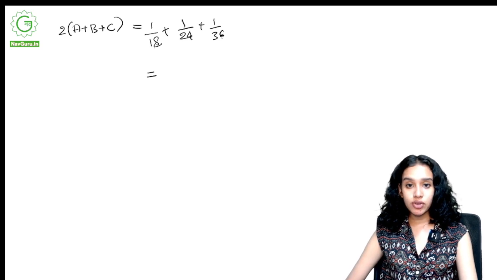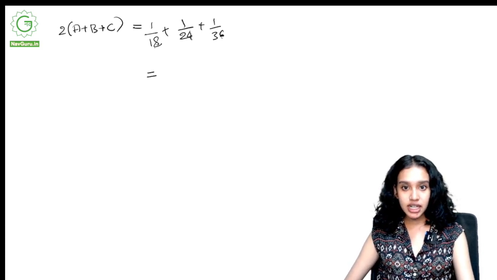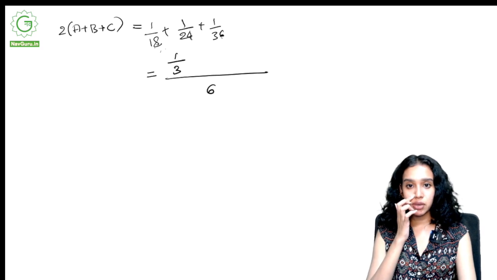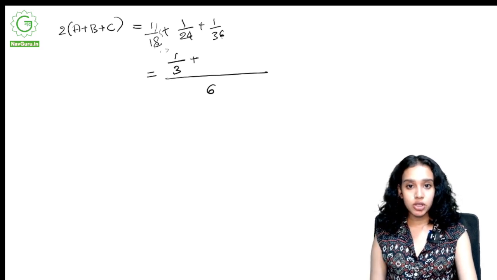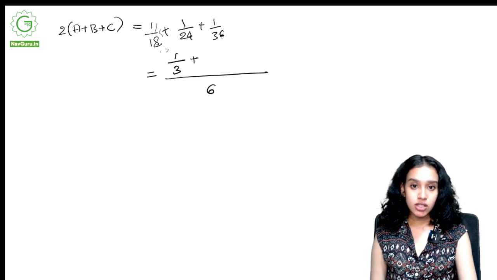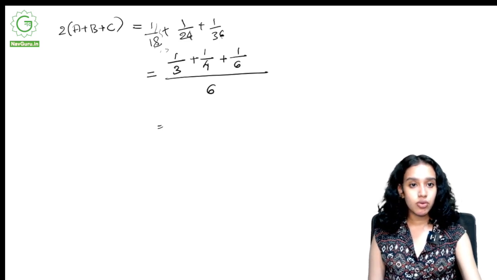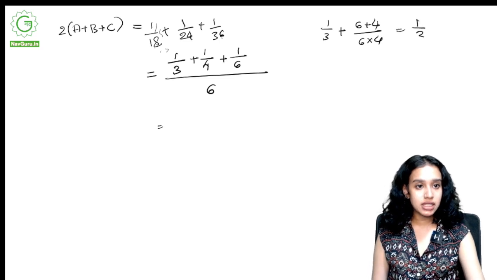So we make the denominator 6 times everything, right? Dividing the denominators by 3, 4 and 6, this would be equal to 1 by 6 into 4 times 3 plus 6 plus 4, which is equal to 1 by 3 plus 6 plus 4, 10 by 24.